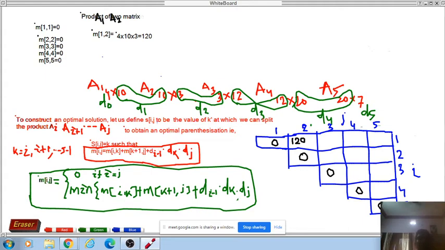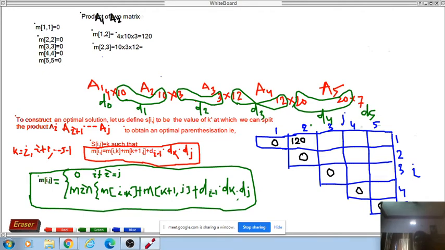Next, I will write m of 2, 3. A1, A2, then A2, A3. So m of 2, 3 will be equal to how much? We can say 10 cross 3 cross how much? 12.